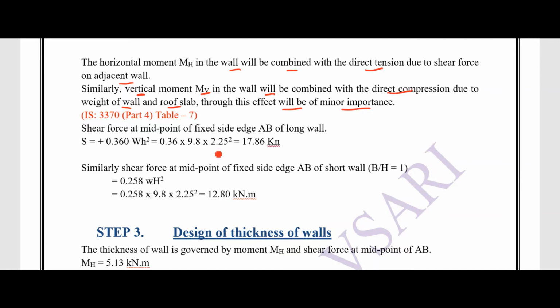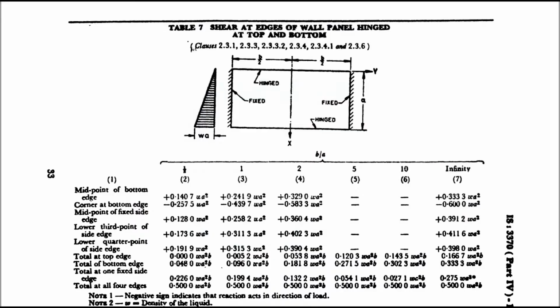Now we have to find out the shear force. Shear force from IS 3370 part 4 table number 7. Let's check. So here is table number 7: shear at the edge of wall panel, hinge at the top and bottom. In table number 7 we have B by A, meaning length by height.